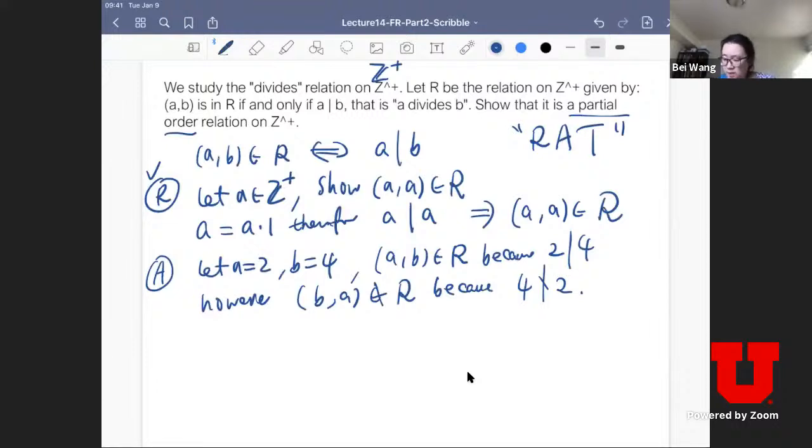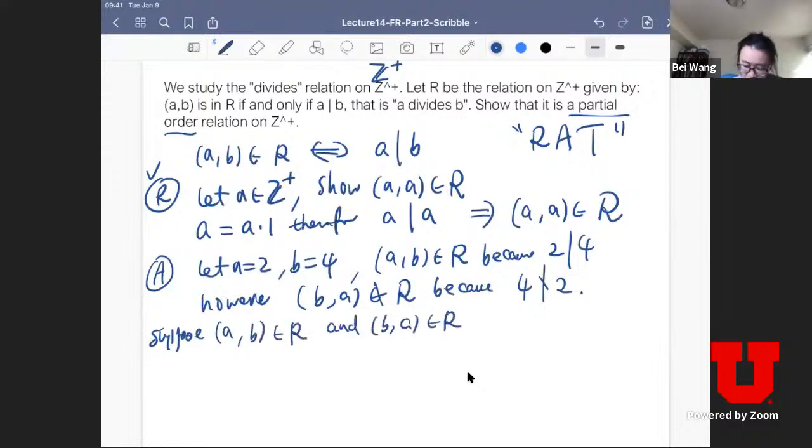If I want to show something is antisymmetric, then suppose AB is in R and BA is in R. We want to show the only time both of those relations are in the set is when A is equal to B. So that is how you prove something is antisymmetric.